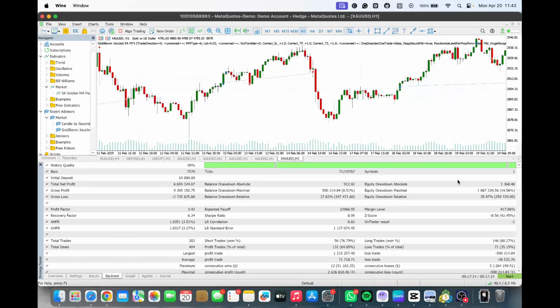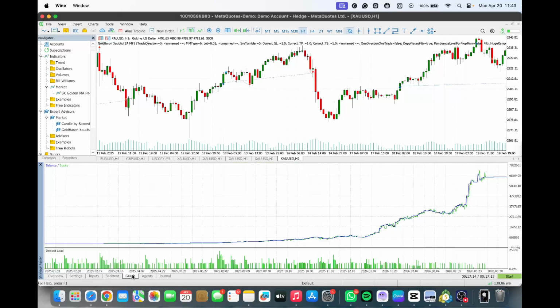And here's what I discovered: the total net profit is just over $6.6 million, and the profit factor is 3.43. Win rate is around 65%. Recovery factor is 6.24.